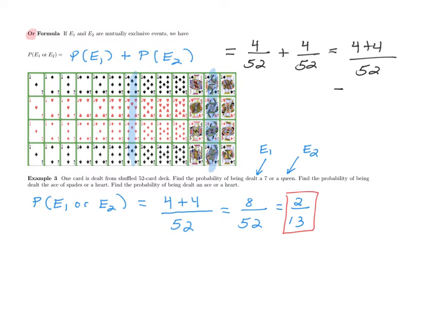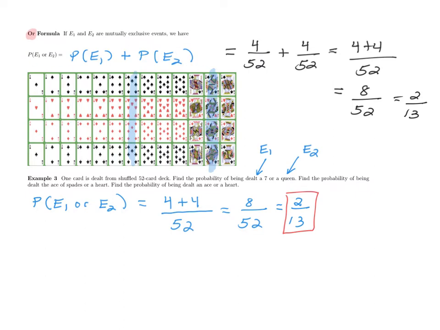Going directly to the formula, again, we get 8 over 52, which also reduces to 2 over 13. So the formula actually matches up with the intuition. So when these events have nothing in common, when you're adding the 2 probabilities, what that's really doing in the fraction is just counting up the number of ways that both occur. And that's what this formula means.